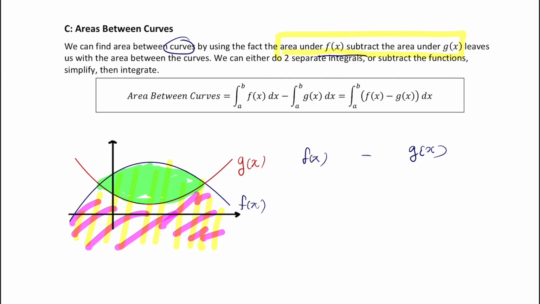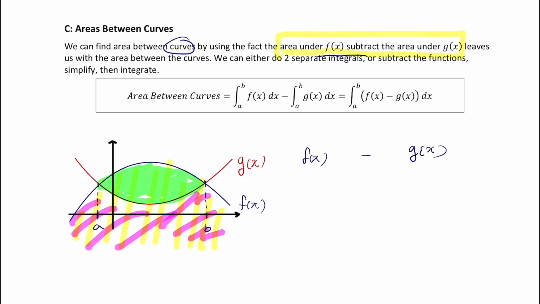However, we cannot just subtract them. We always need to have a certain range to have a proper value. In this example, you can see that there are two intersection points between the functions f of x and g of x. The first intersection point has the x coordinate of a, and the second has the x coordinate of b.